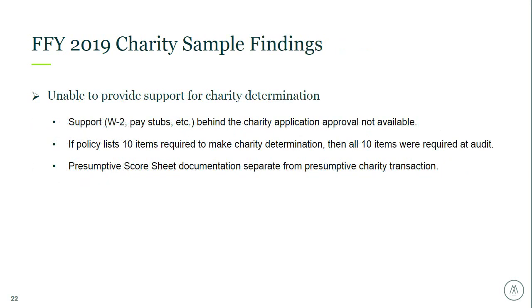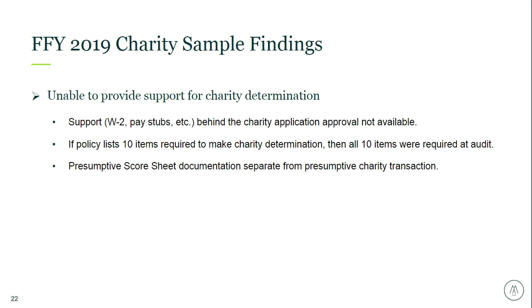So to jump forward to the notable audit findings from these samples, as I've mentioned previously, auditors are requesting all of the documentation required per the policy to grant a patient charity care during this audit. So what that means is if your policy states that you must include W-2s, pay stubs, bank statements, basically any and all of those items spelled out in the policy, the auditors are looking for that type of documentation.